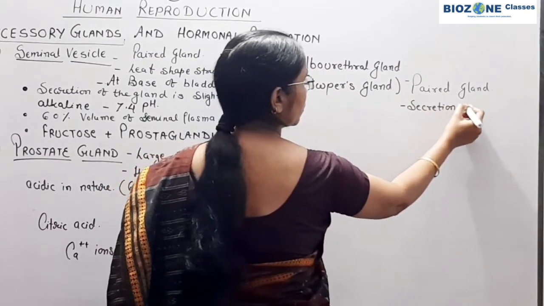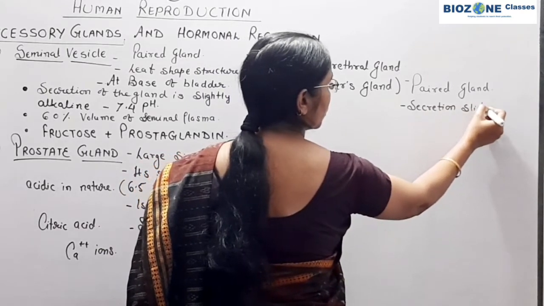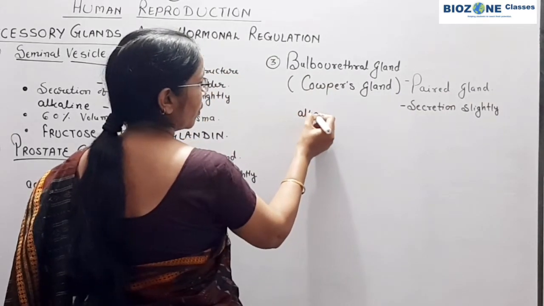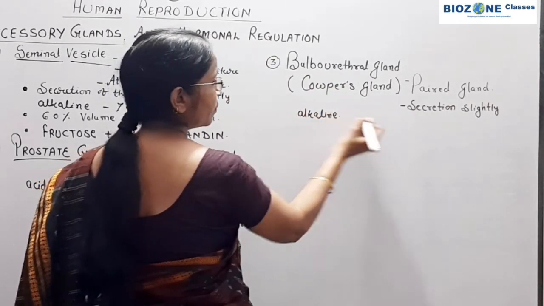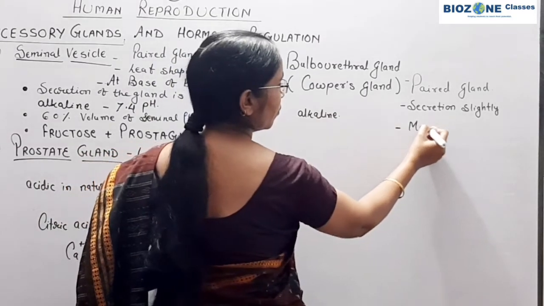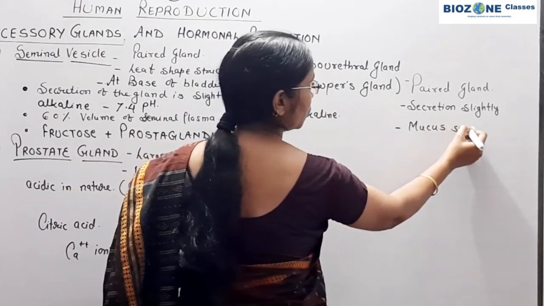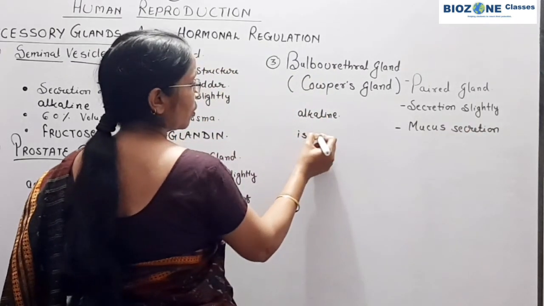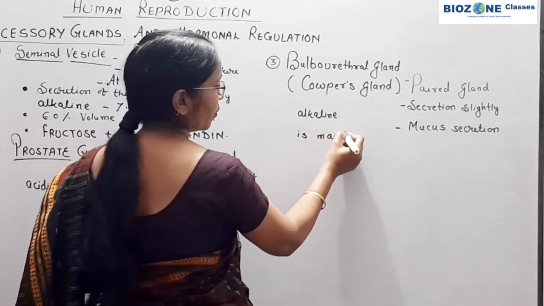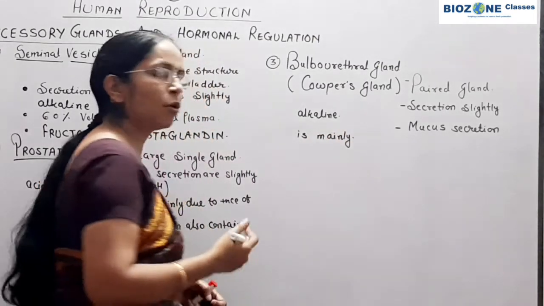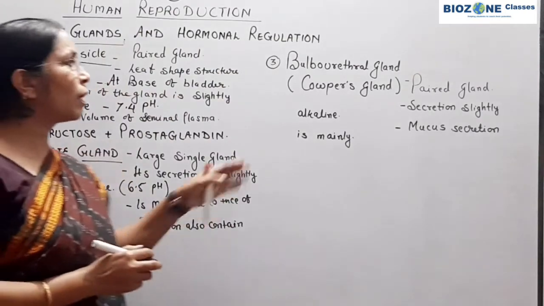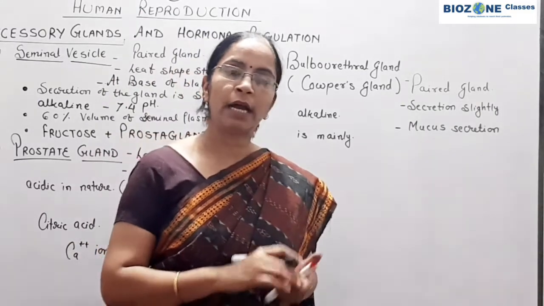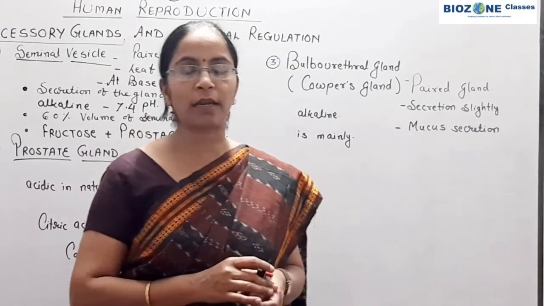Its secretion is slightly alkaline, mainly mucus-like substances along with some enzymes. The secretions are alkaline in nature.